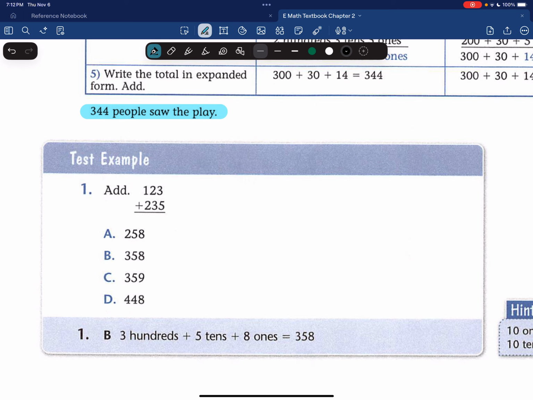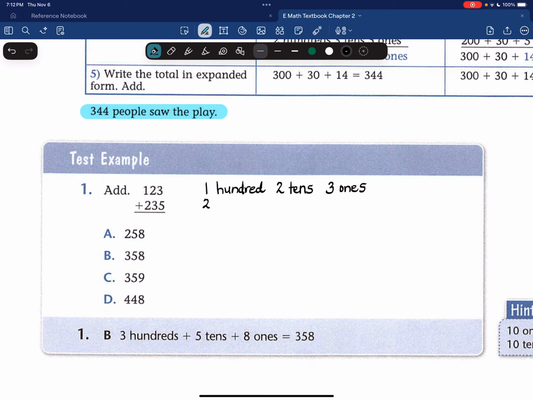So this one, the first method tells me to write these out. So I would say 100, or 1 flat. 2 tens or 2 rods, and 3 ones or 3 cubes.